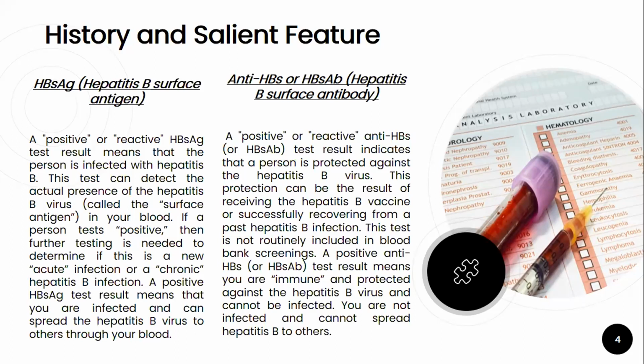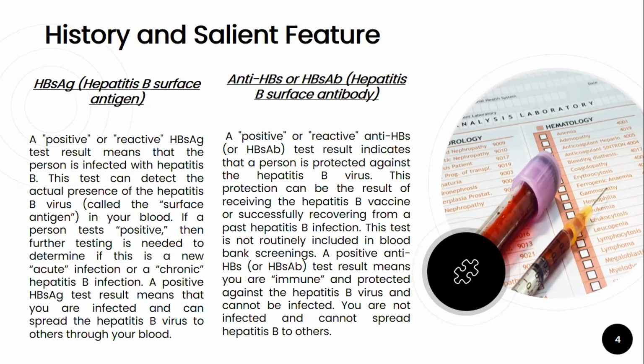If positive, it also means that you're infected and can spread the virus to others through your blood. For anti-HBs, or hepatitis B surface antibody, a positive or reactive result indicates that a person is protected against the hepatitis B virus.